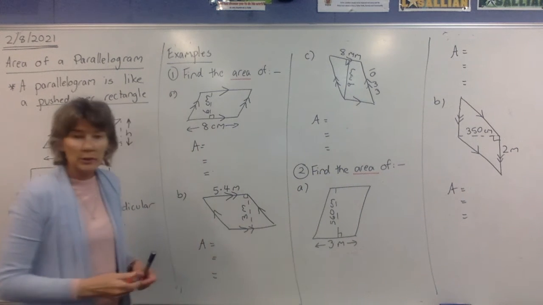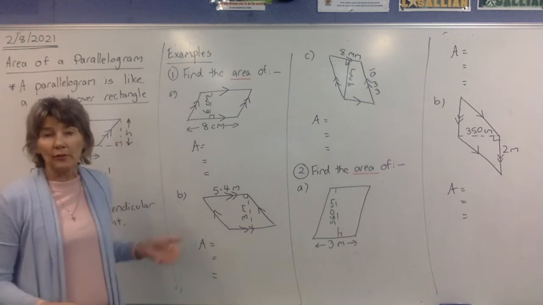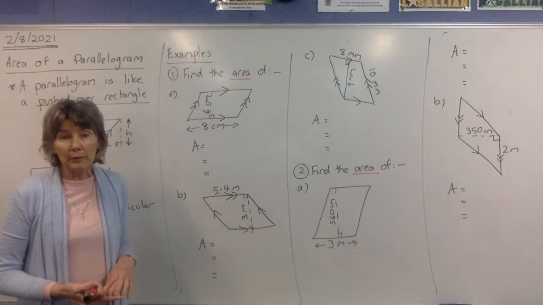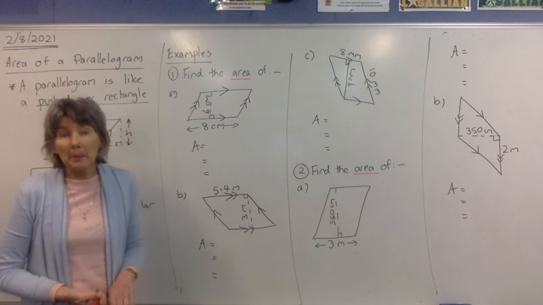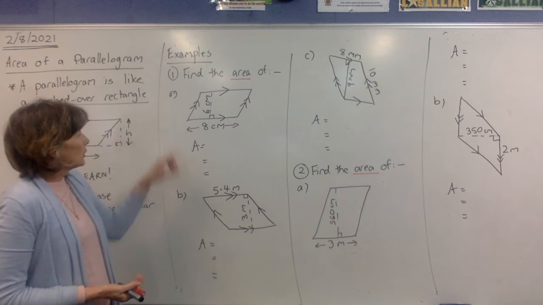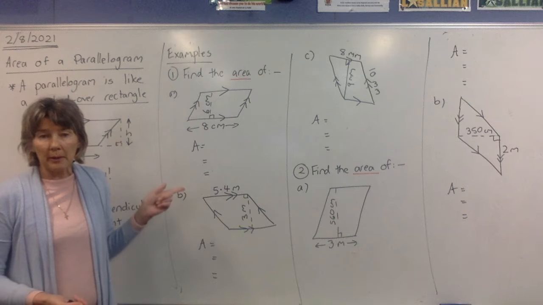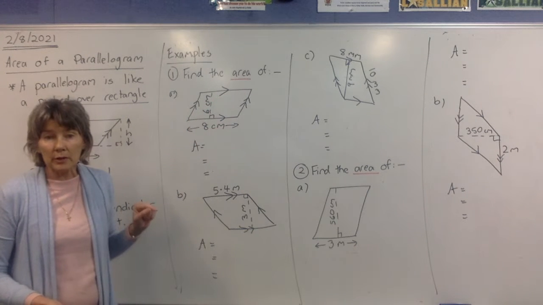Okay, so on these questions here we're finding the area. Firstly, you need to look at the shape and identify the shape, because so far we've learned about rectangles and triangles and now parallelograms. So we don't want to get these formulas mixed up. So you look at it and go, well, I know that shape's a parallelogram because those arrows indicate parallel sides.